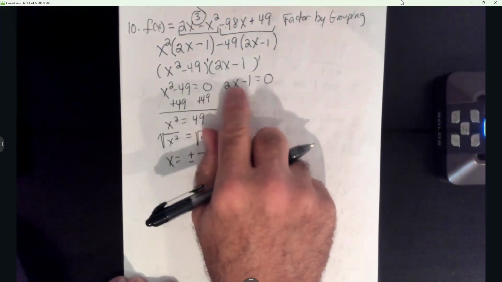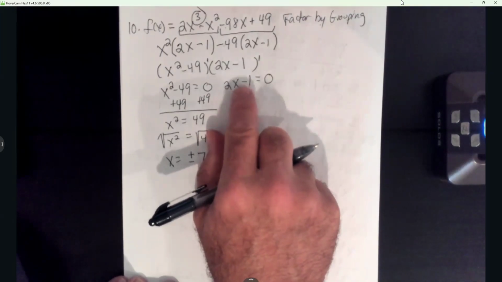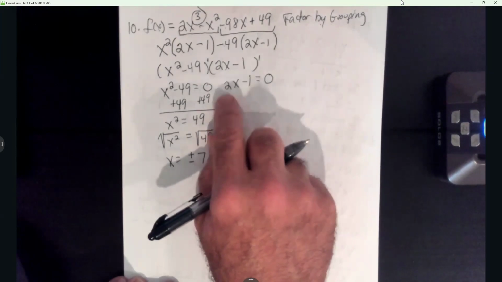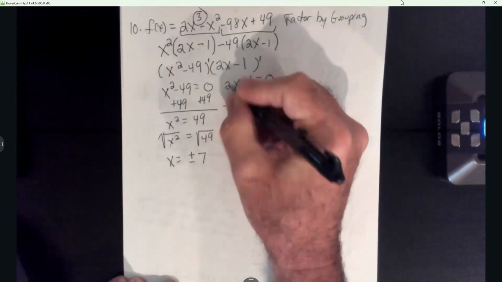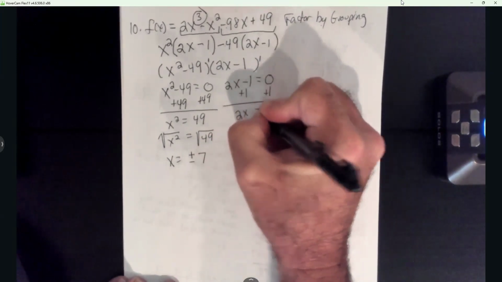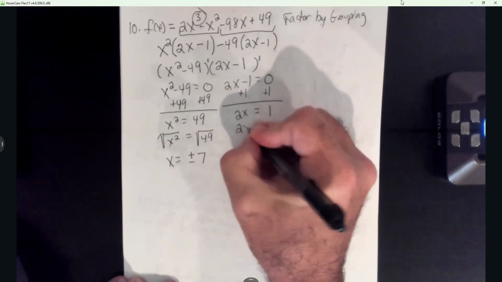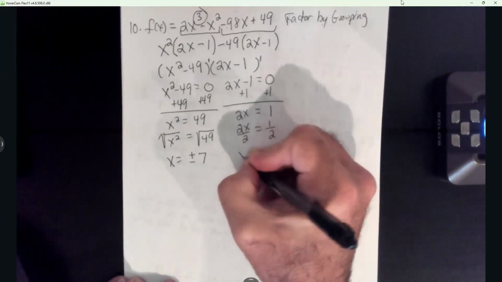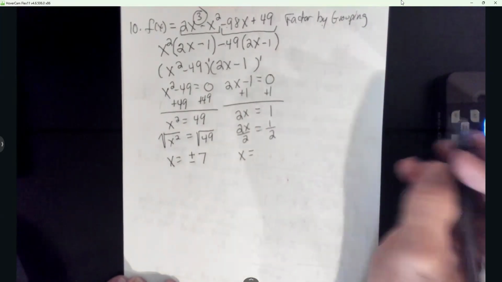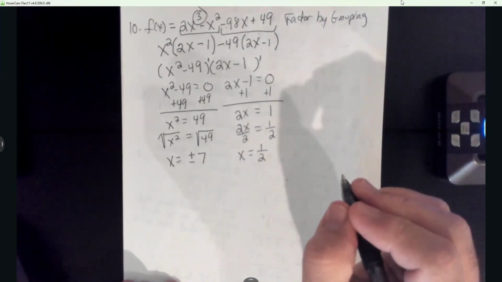All right, y'all, this one here, we just got an x. So let's add 1 and then divide by 2. So that cancels, giving me 2x equals 1. And then we're going to divide both sides by 2. So that's going to give me my 1x. And y'all, I don't guess I can do nothing with that. That's going to stay 1/2.